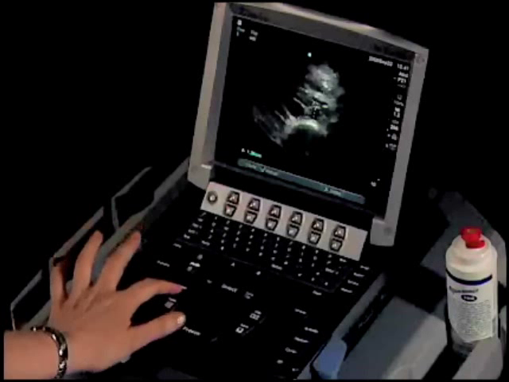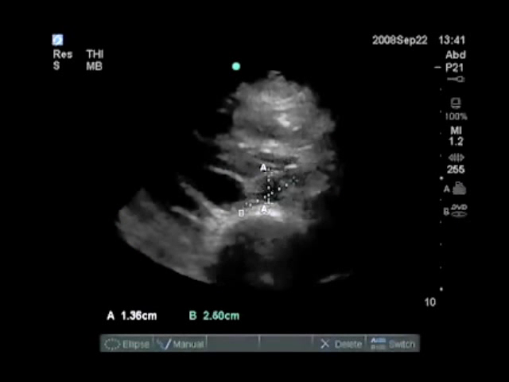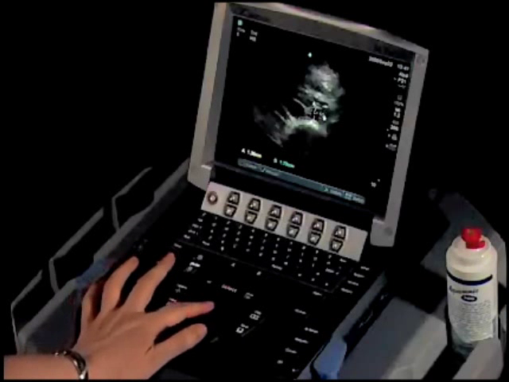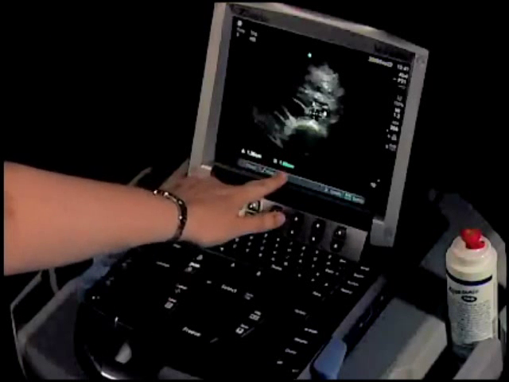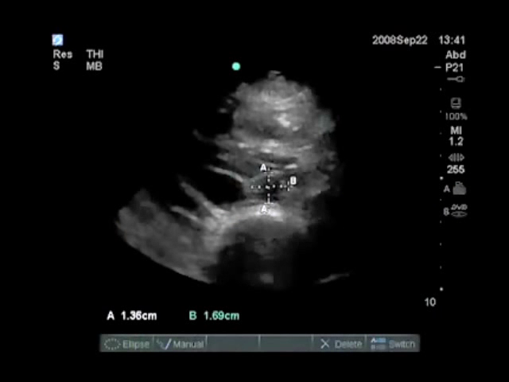That's the AP measurement, and the same with the transverse. The measurement is displayed on the bottom left of the screen, and in this case our measurement is 1.36 centimeters by 1.69 centimeters. So we're looking for a value of over 3 centimeters to be considered aneurysmal.